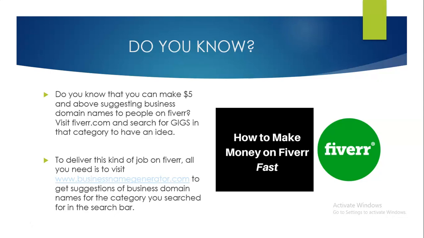So this is what you do. Go to Fiverr and search for gigs on business domain name generation or stuff like that. You will see a lot of gigs, what people have done when it comes to suggesting domain names for people. There are a lot of people who don't want to do the work. They have enough money, so they want to give you the work, and you go and do it for them.